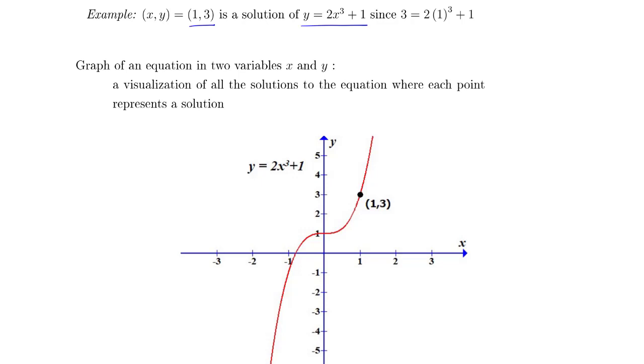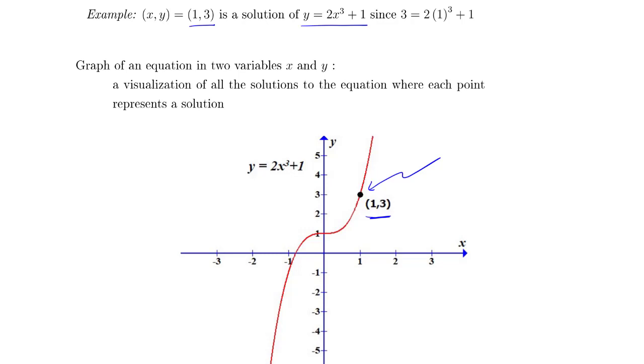Now we haven't shown how we got that yet, that'll be coming later, but let's just assume we have that. Well, there is the point 1, 3 lying on the graph of that equation because 1, 3 is a solution to that equation.